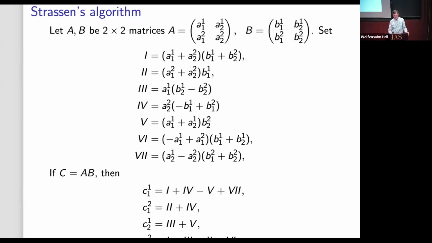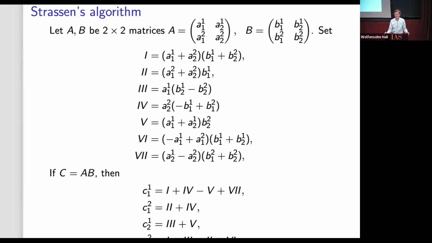And he failed. This is what he came up with. The only thing you need to see on this slide is an algorithm that multiplies two 2 by 2 matrices using 7 multiplications instead of 8. There's more additions, but let's not worry about that for now. The other thing to notice is the entries of the matrices need not be scalars.